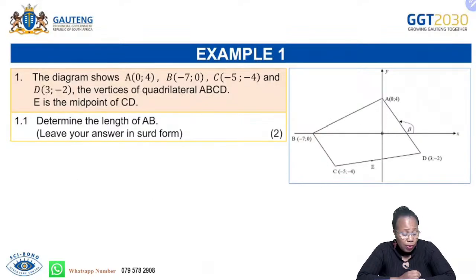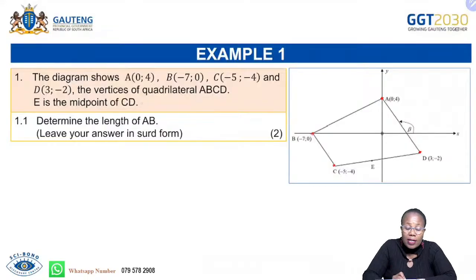And then now let's look at example number 1. We are trying to take the exam type questions. The diagram shows A (0, 4). The first thing, you ensure that all that is given to you is indicated on the diagram. The B value is (-7, 0). The C value is (-5, -4). The D value is (3, -2). And these are the vertices of the quadrilateral ABCD.